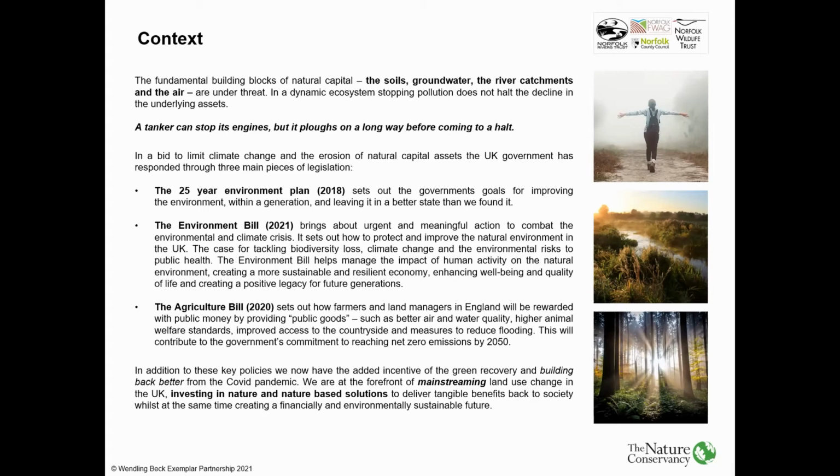So the Environment Bill, which is winging its way through the House of Commons at the moment, is really looking at the policies which give the teeth to the 25-year environment plan. And there's various different policies within there. There's some excellent things within that bill. The one that we're really focusing on for our project is biodiversity net gain, and I'll come on to explain a little bit more about that.